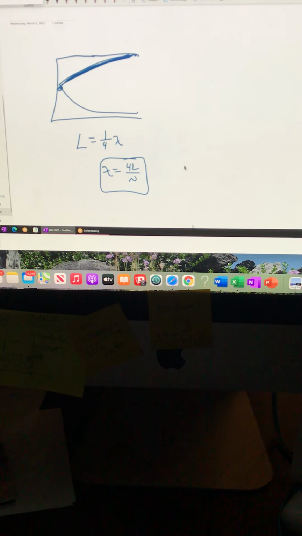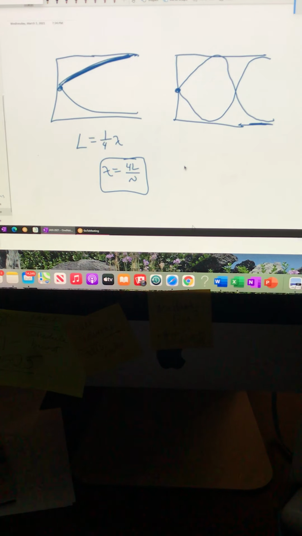Okay, now watch. This is really important, so make sure we're paying attention to this. For this open end, what am I supposed to do at the end of the pipe? I'm supposed to have an antinode.